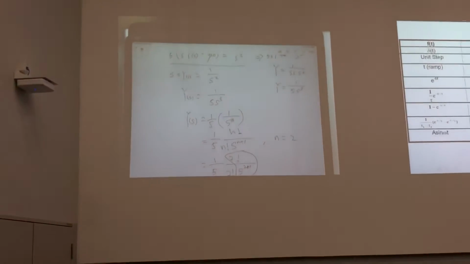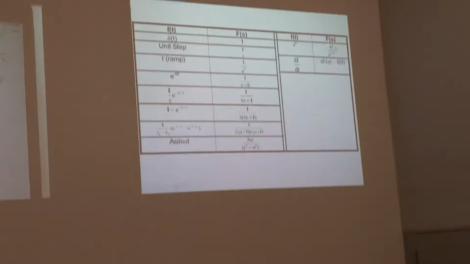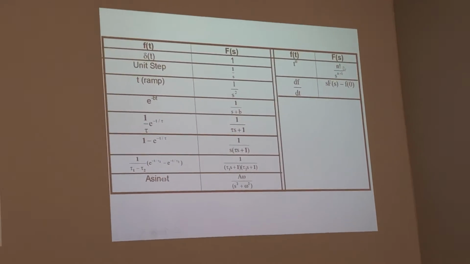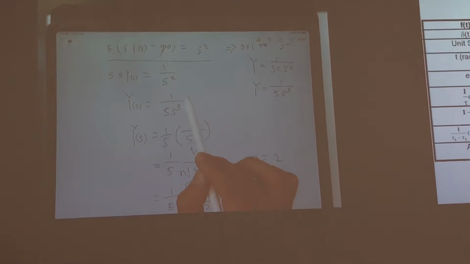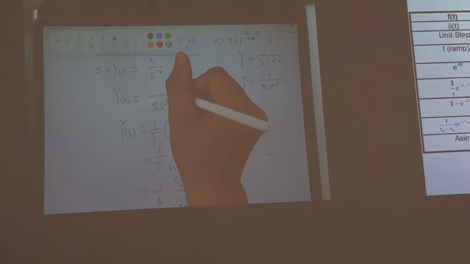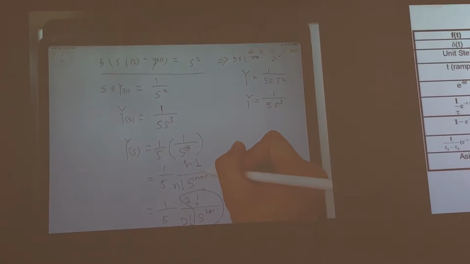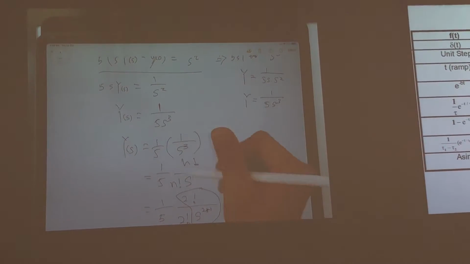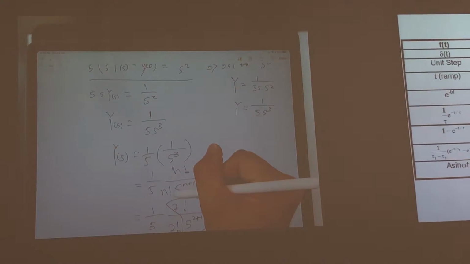But my original equation Y is without the n factorial on the top here. I only have 1 over here. I must multiply an n factorial, but if I multiply something, to get back to 1, I must divide it. That's the reason I have n factorial divided by n factorial.